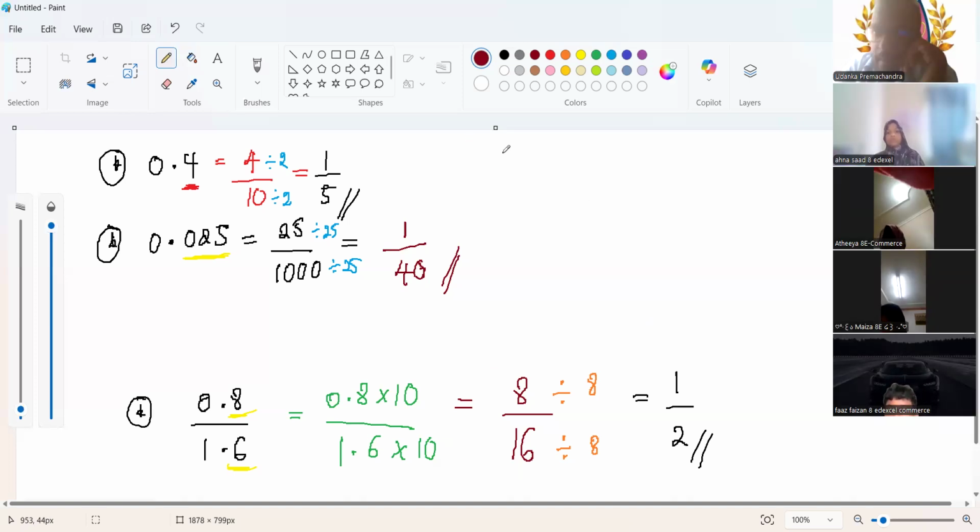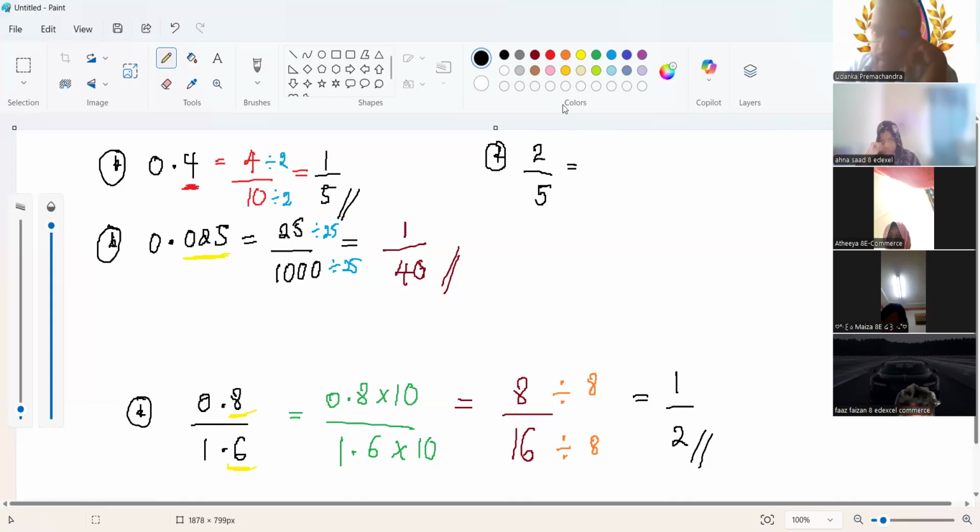Now sometimes they are giving a fraction and asking you to write it in decimal form. How to write 2/5 in decimal form?